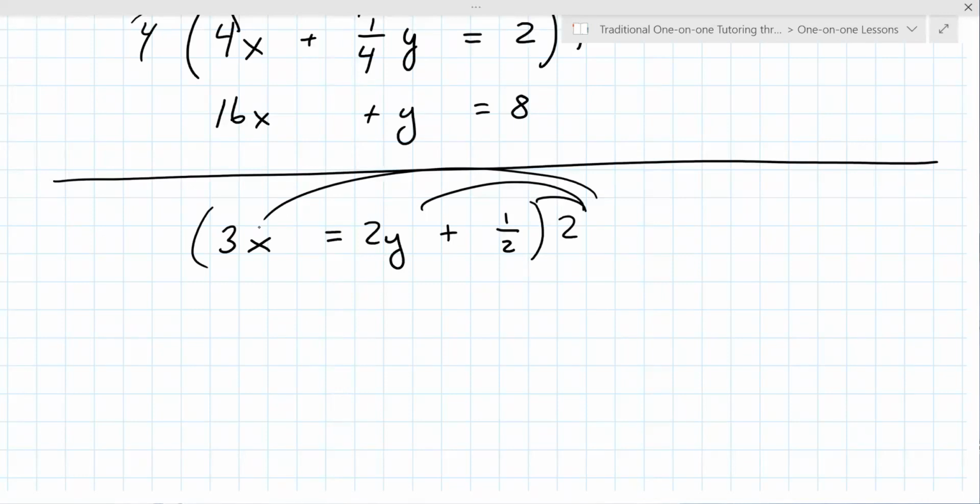What do you got here? 6x equals 4y plus 1.